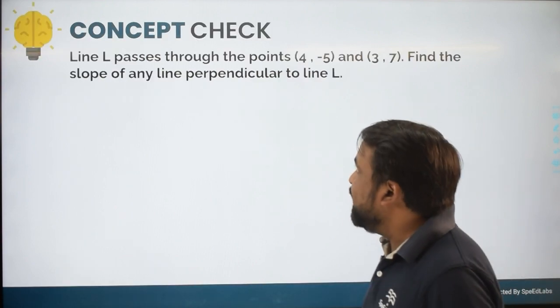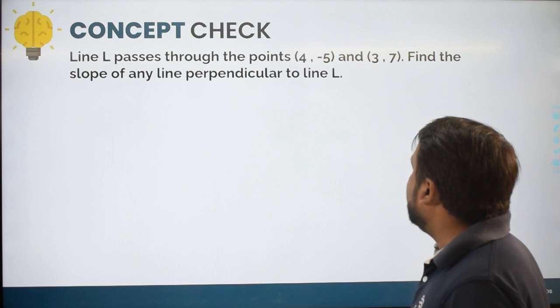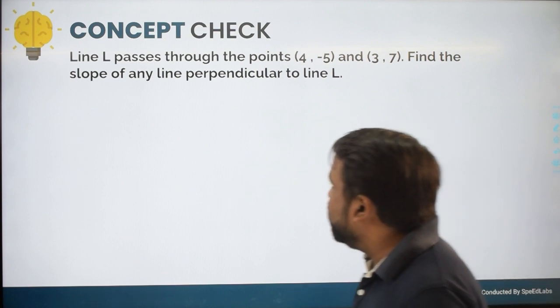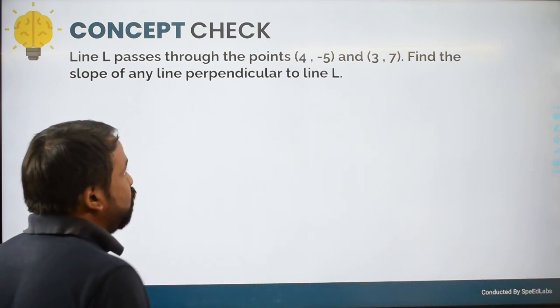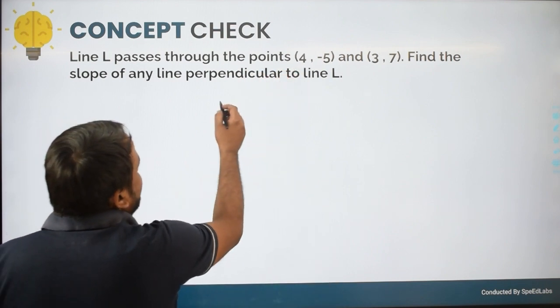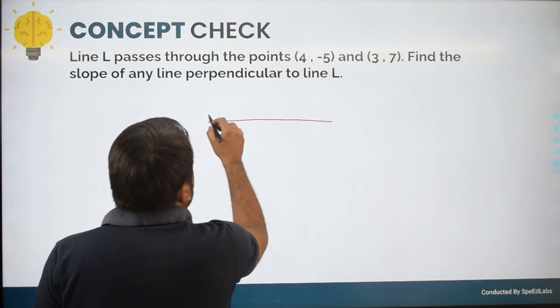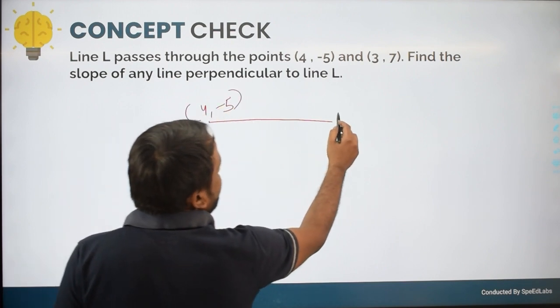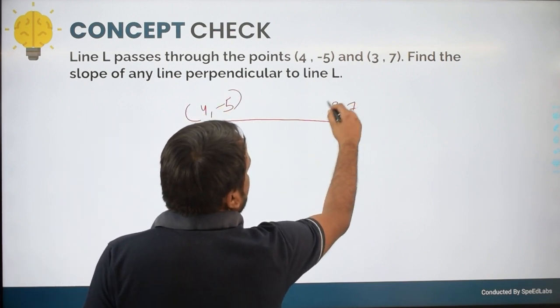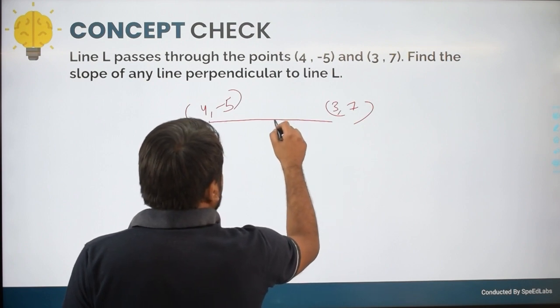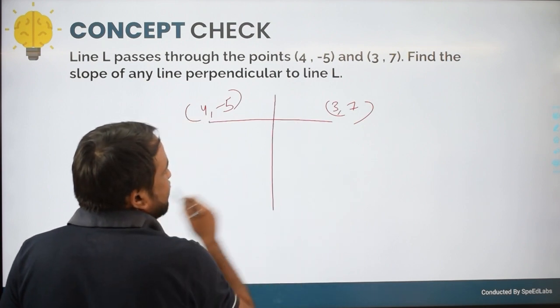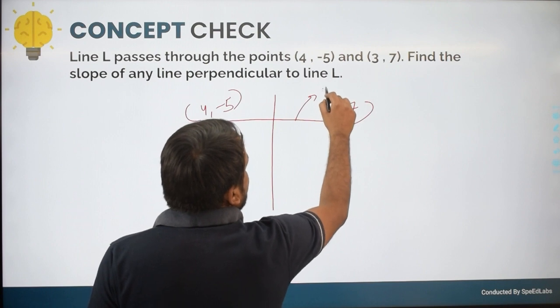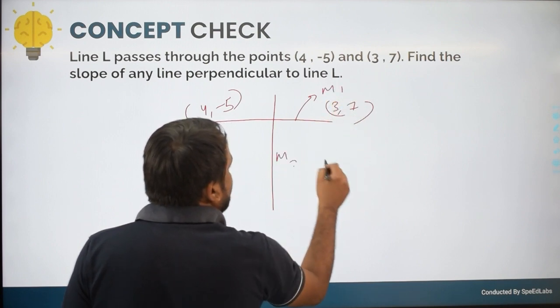Now line L passes through the points (4, -5) and (3, 7). Find the slope of any line perpendicular to L. Let us suppose that this is that particular line. Here it is (4, -5), this is the first coordinate, and the second coordinate is (3, 7). Let us suppose the slope of the given line is m1 and the slope of the perpendicular line will be m2.